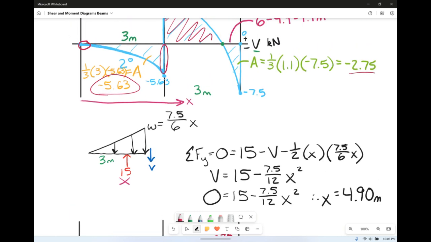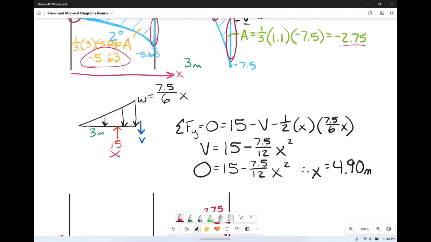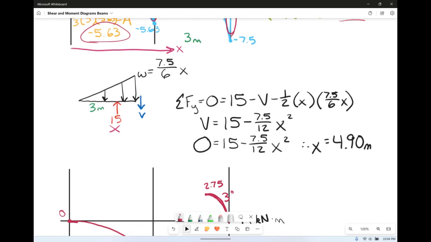What shape should it be? This starts off with a pretty small slope and ends with a pretty large slope. So there he is. Again, don't forget this is a 3rd degree curve.